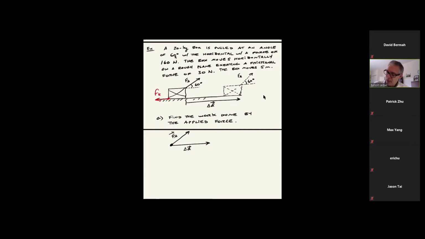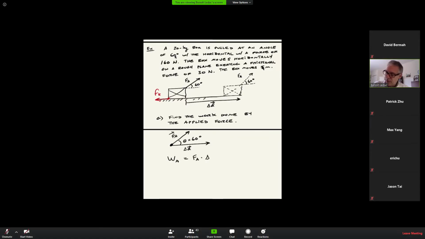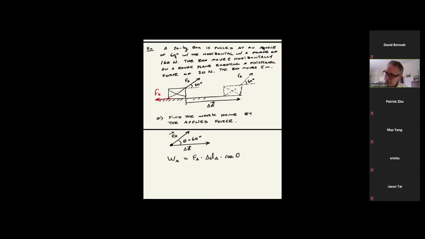And what is this angle in between? Well, the angle will be 60 degrees, right? Well, this is all we need. The work done by the applied force, which I will call WA, is equal to the applied force times the displacement of the applied force times cos of the angle in between.